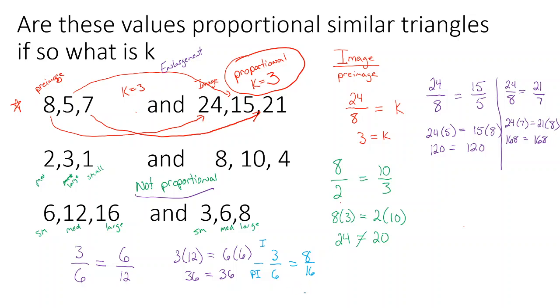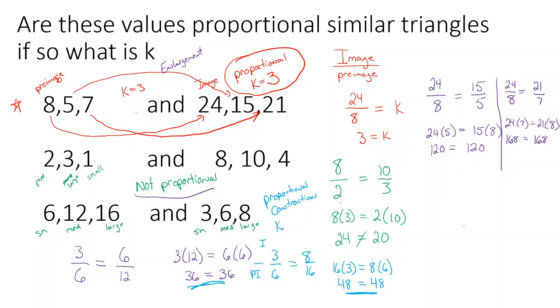So when I cross multiply, I'm going to get 16 times 3 is equal to 8 times 6. 16 times 3 is 48, and 8 times 6 is 48. So it worked here, and it worked here. So yes, these guys are proportional. And again, it's not an enlargement, it's a contraction.